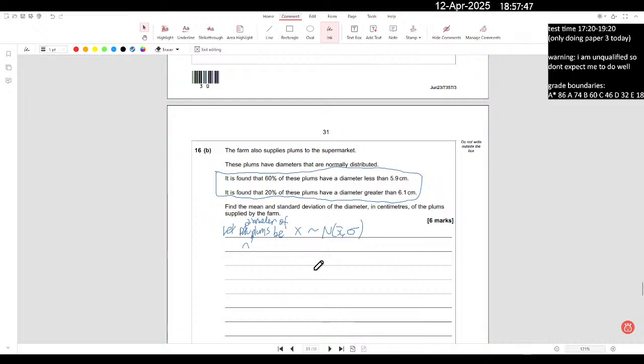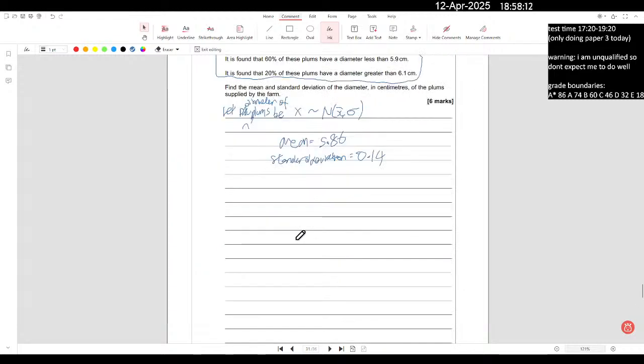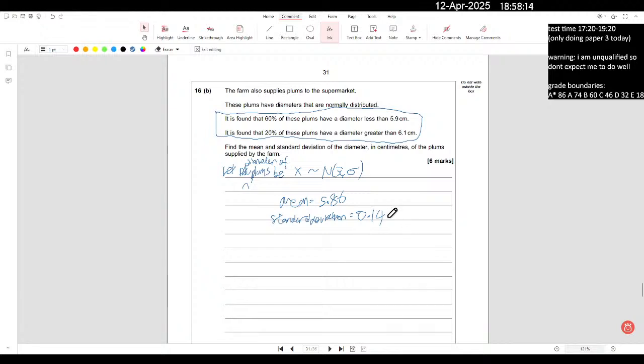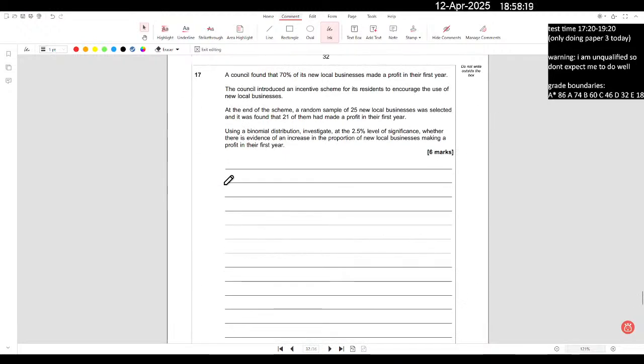I think the mean is a solid 5.86, and the standard deviation is like 0.14. I'm not getting any marks even though those are correct. Oh, that's probably three significant figures, 0.143. Yeah, let's say that. I don't know how to do that. Skip.